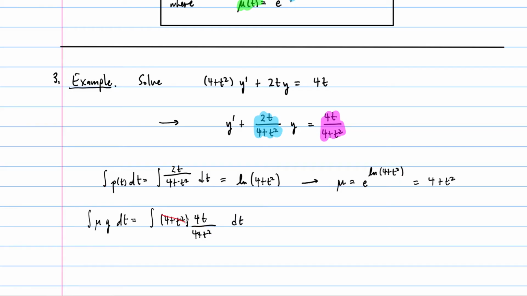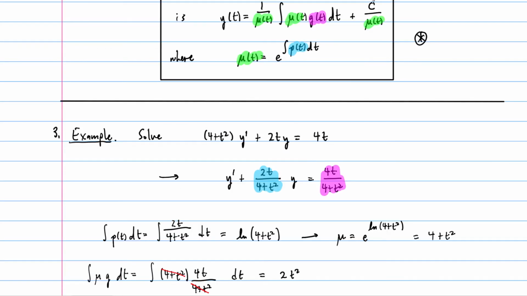And we see this is pretty nice, right? Those are going to cancel in this example. That doesn't always happen, but this is a nice one to start with. And this then leaves us with 2t squared. Remember, the plus c is already built into the integral the way that we've done it here, so the plus c is already taken care of. This right here is then the answer to this integral portion.